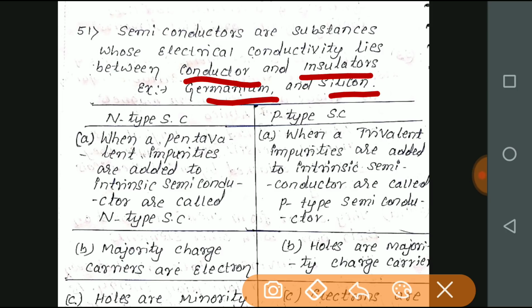Now, N-type semiconductor means when pentavalent impurities are added to intrinsic semiconductors, they are called N-type semiconductors. When trivalent impurities are added to intrinsic semiconductors, they are called P-type semiconductors. This is the definition of N-type and P-type semiconductors.